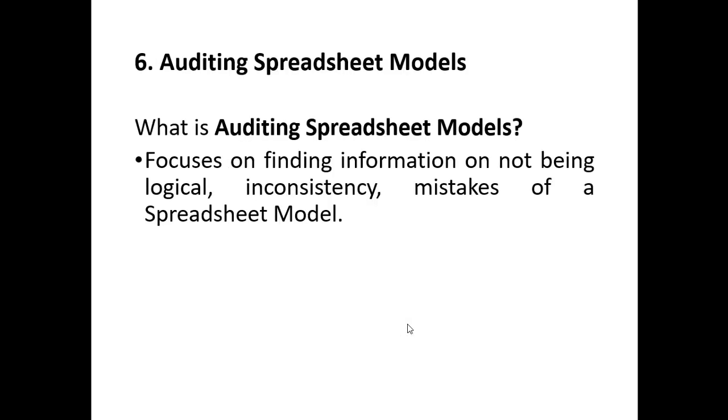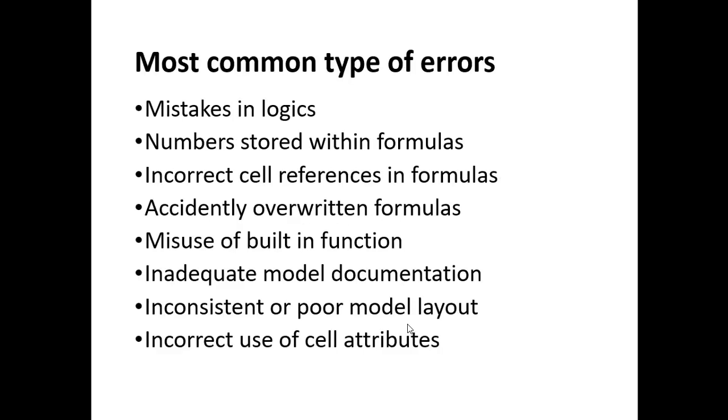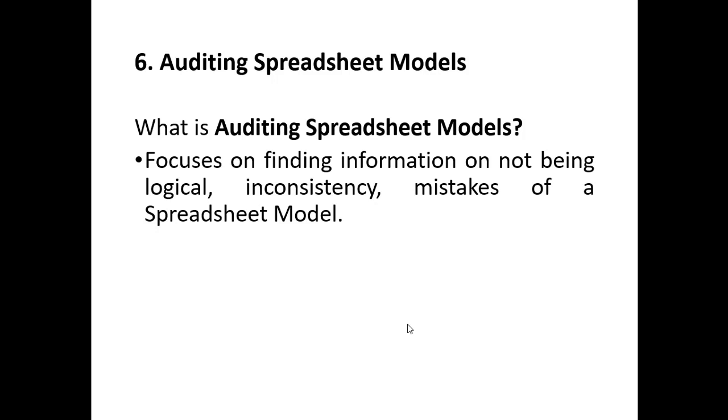The good thing is that auditing spreadsheet models helps to identify what these errors are, and it also helps to overcome them, because once you identify a particular mistake, you can take corrective actions.